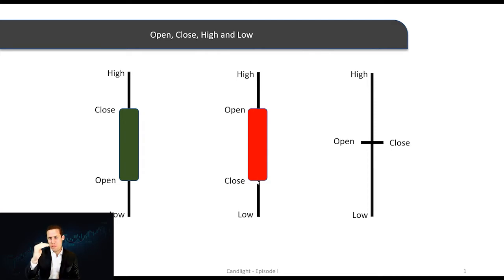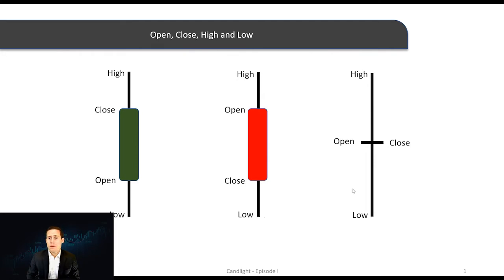So if at 6 o'clock price opens or price trades at this point, and let's just say you're looking at a 5-minute chart where every candle represents 5 minutes, and if price falls and closes below the opening price at the end of those 5 minutes, then you have a bearish candle. Fear is coming into the market, or people are just selling. And the high and the low is exactly the same. The highest point is the highest point, and the lowest point is the lowest point.